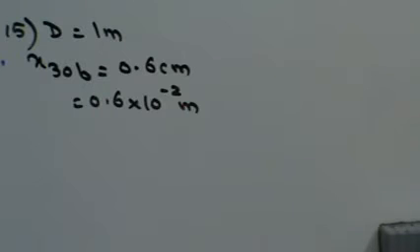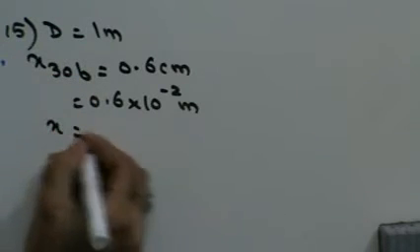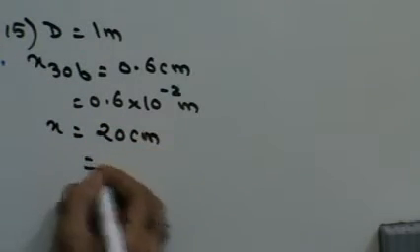A convex lens is placed at a distance of 20 centimeters from the slit.